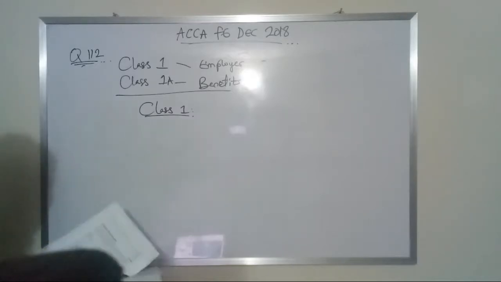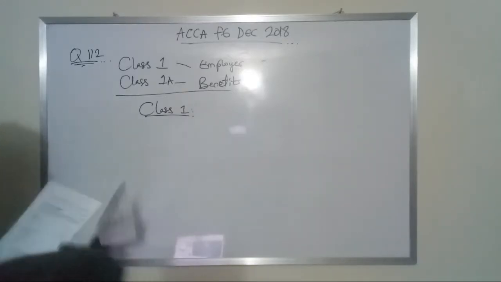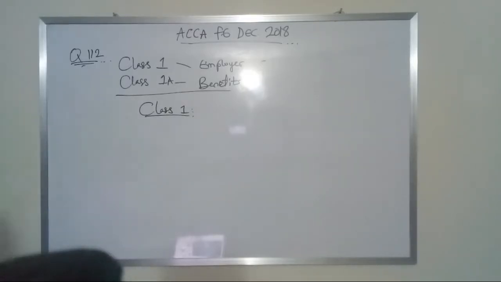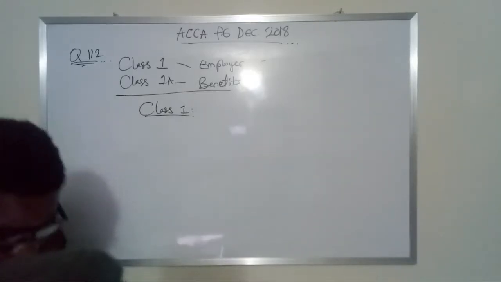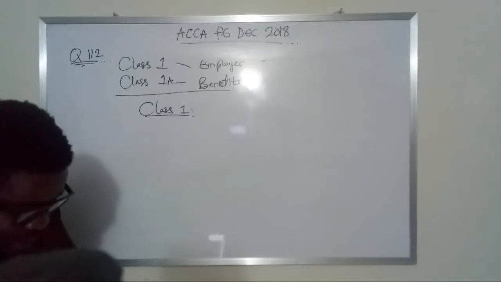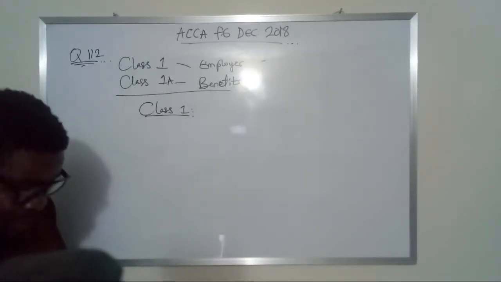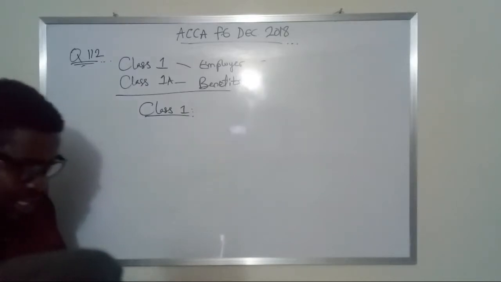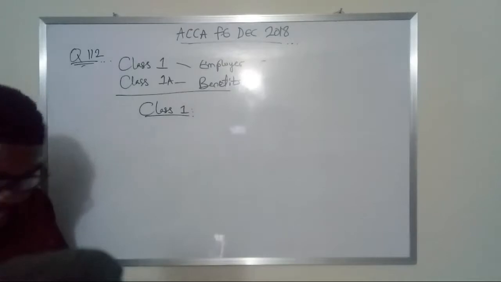So if it is £46,000, if you look at the formula sheet, you will see Class 1 employer. £1 to £8,164 per year is nil. £8,165 and above is 13.8%. Look at it clearly.